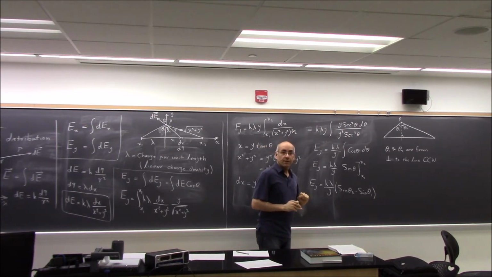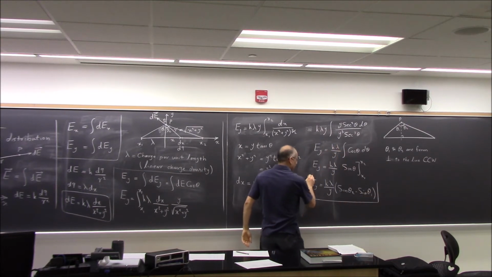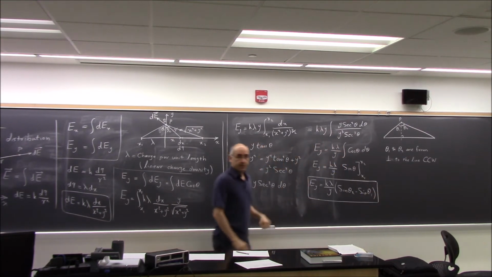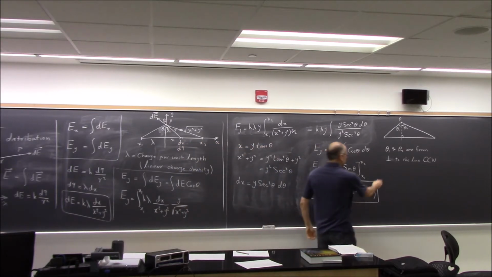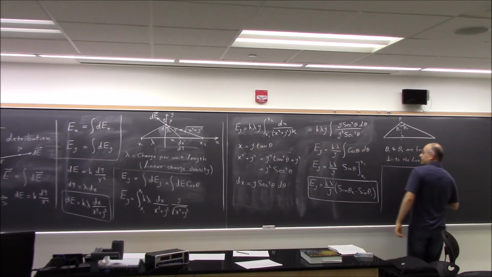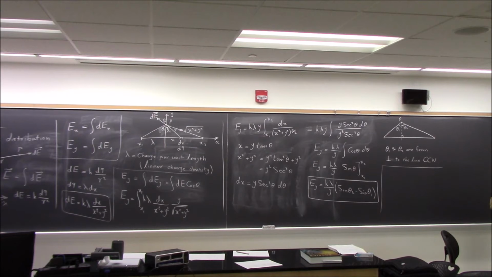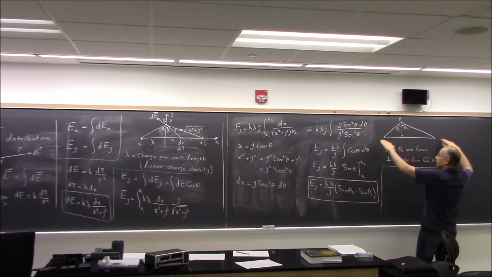Alright? So this is the result. I want to keep it like that, and because it is a simple result, you can see what's going on. In particular, let's explore a special case of this. What if the line is infinite?